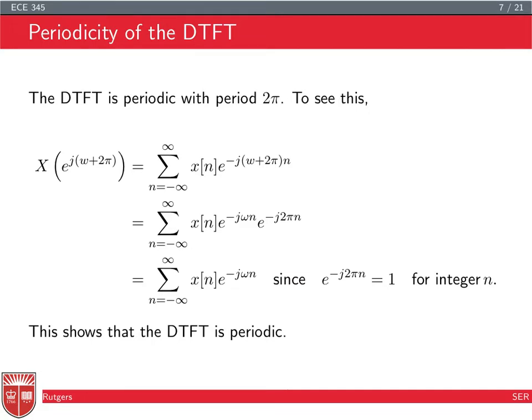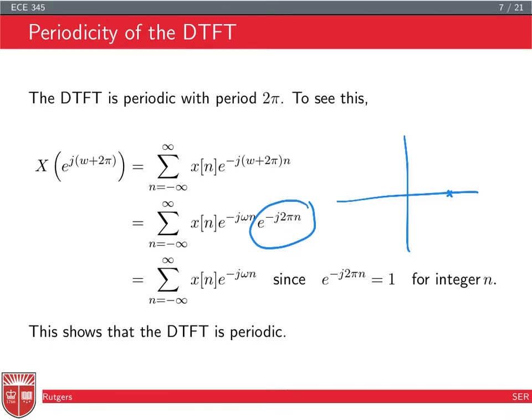Now if you look at this term here, this point is e^{-j2πn}, so it's the complex number on the unit circle, a root of unity, and the angle is negative 2πn.